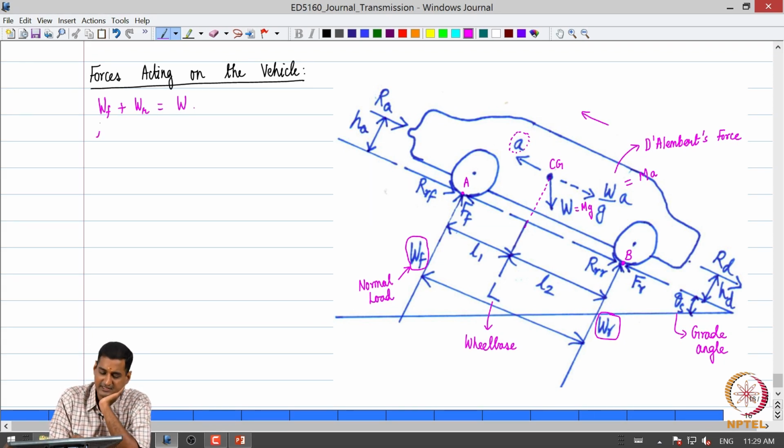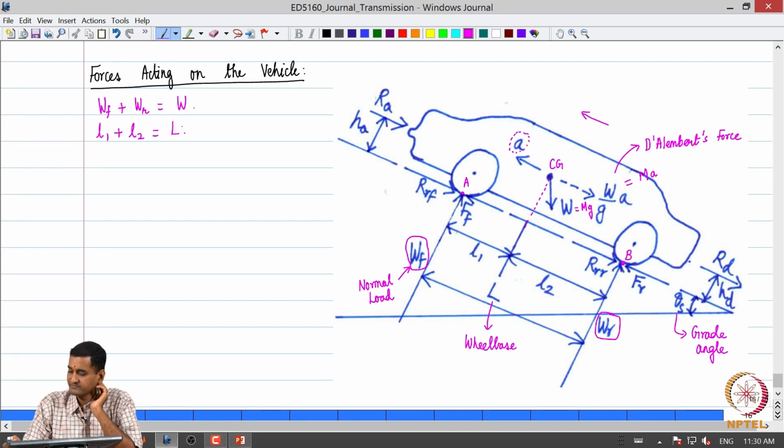Consequently L1 plus L2 will be equal to capital L, and this center of gravity is at a height h from the ground. So the height of the center of gravity from the ground is h.